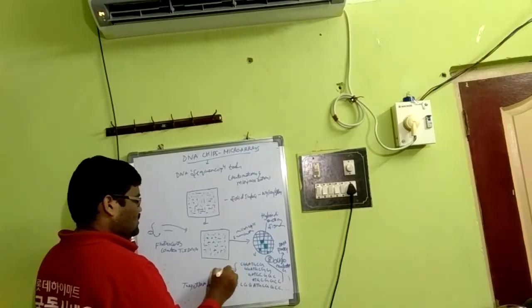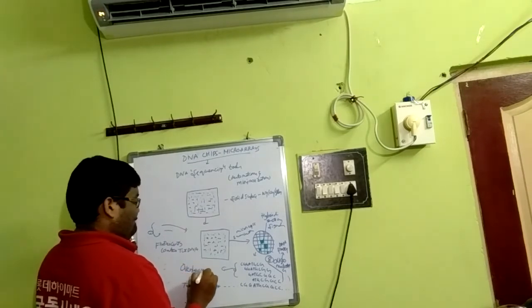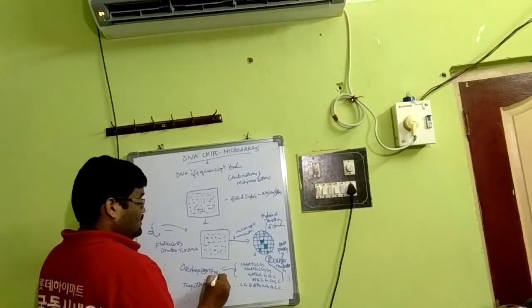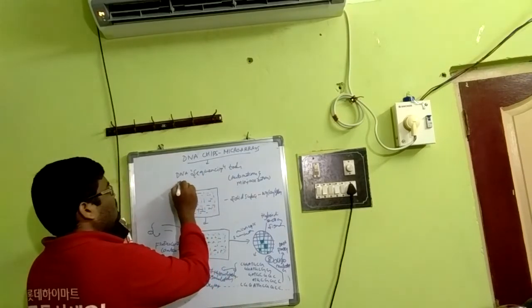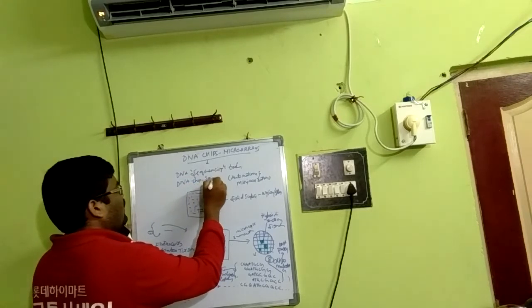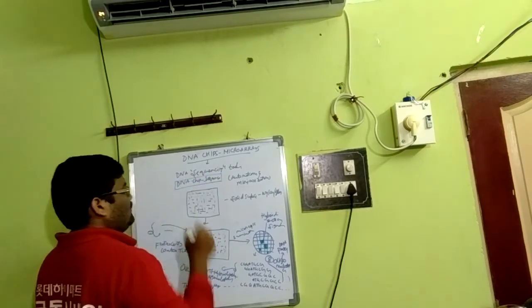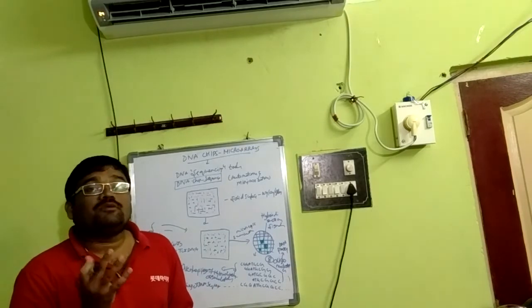The process is called overlapping hybridization of oligonucleotides. And this is the entire DNA chip sequence.